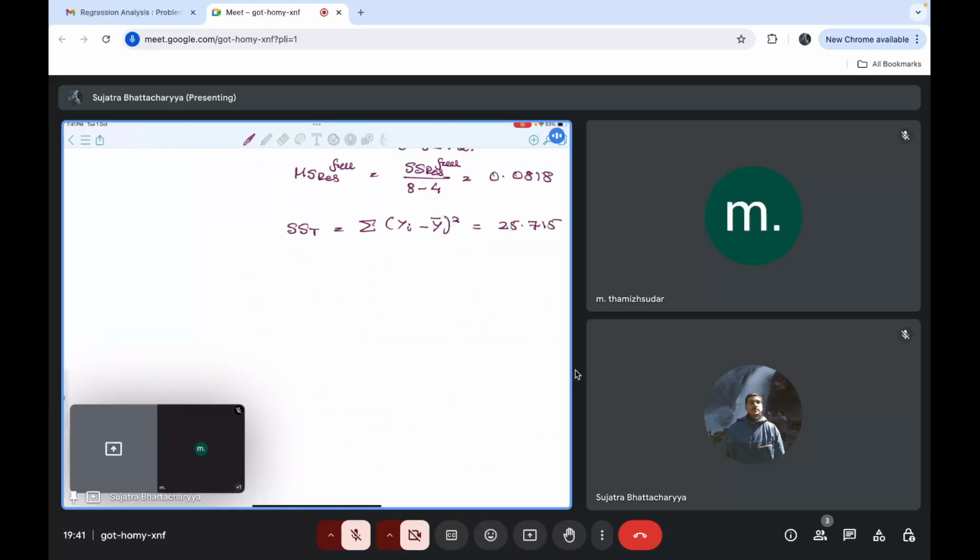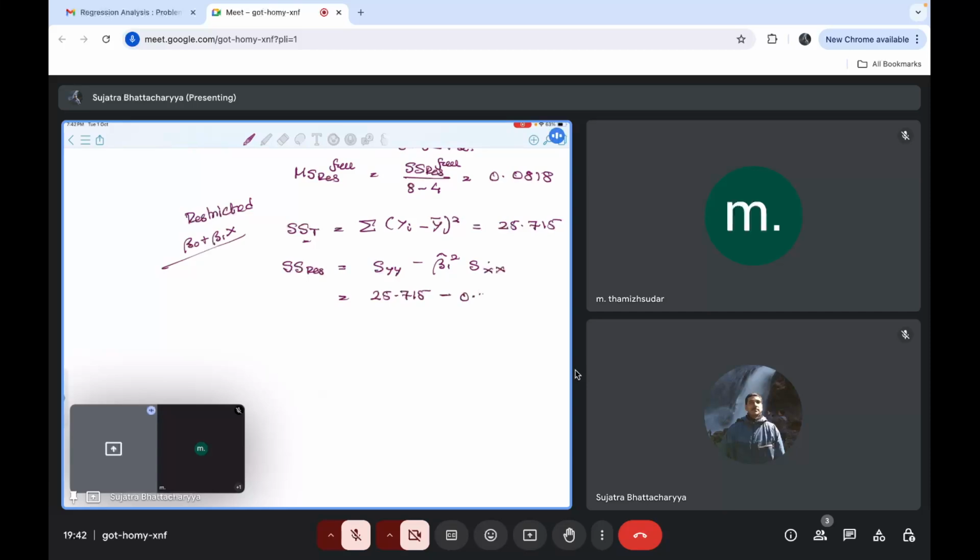Right? Fine. How to calculate SS residual? This is for the restricted model, that is beta naught plus beta 1 x. So SS residual is SYY minus beta 1 hat square SXX. SYY is nothing but SS total, so it is 25.715. Beta 1 hat we have already found out.